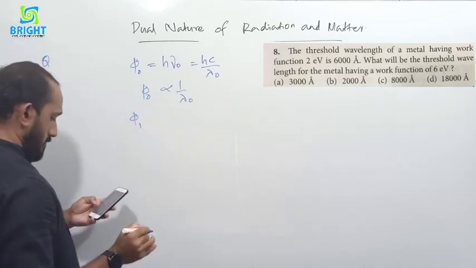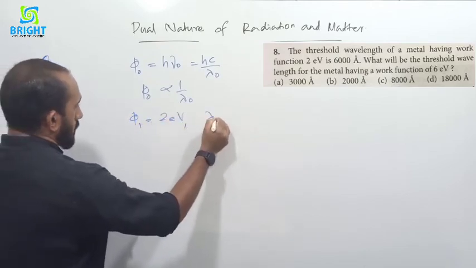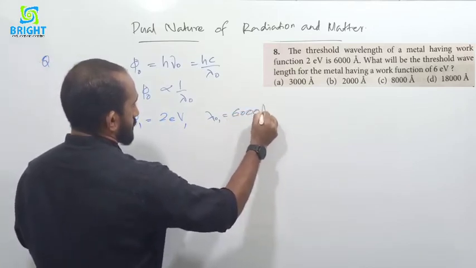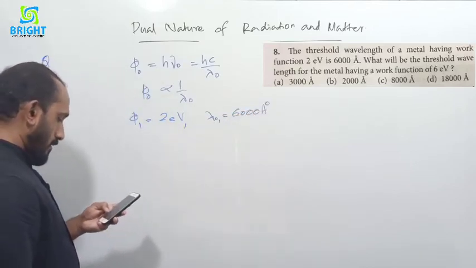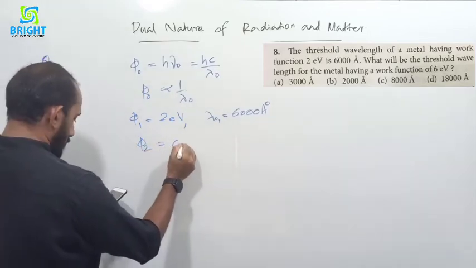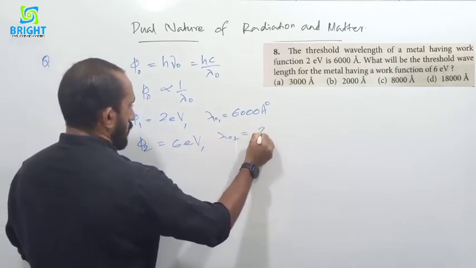First, phi 1 is equal to 2 electron volt and lambda 01 is equal to 6000 Armstrong. That is given. Now work function phi 2 is equal to 6 electron volt and we have to find lambda 02.